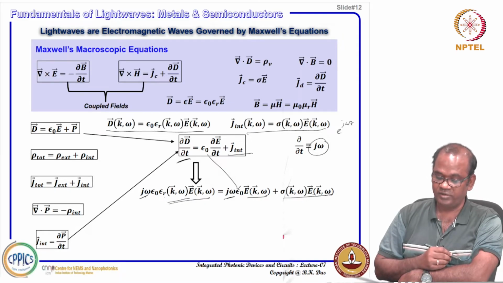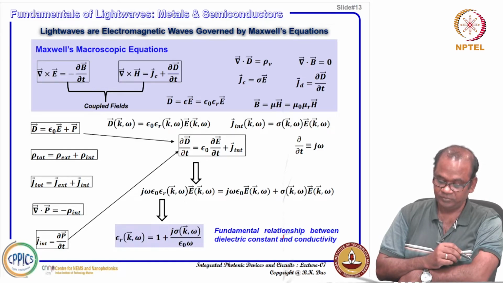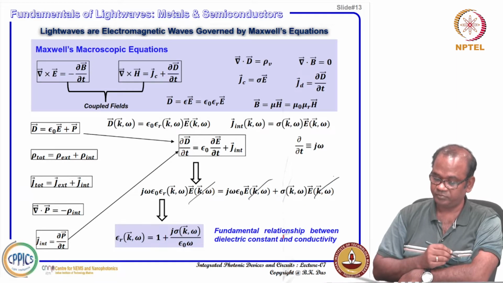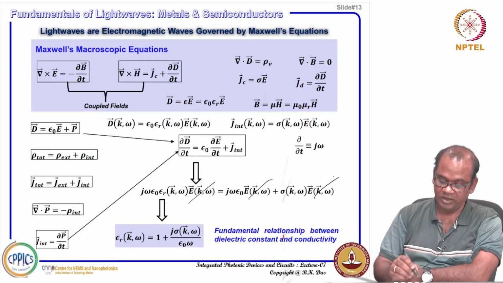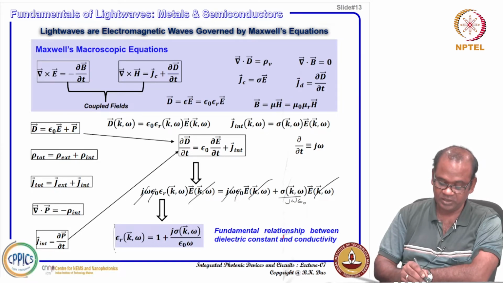So, that is how we can define, and with a little modification, E cancels here, right. Then j omega you can cancel, you can just write j omega here, epsilon 0 you cancel, you can write epsilon 0 here. So, you get a nice expression like this.